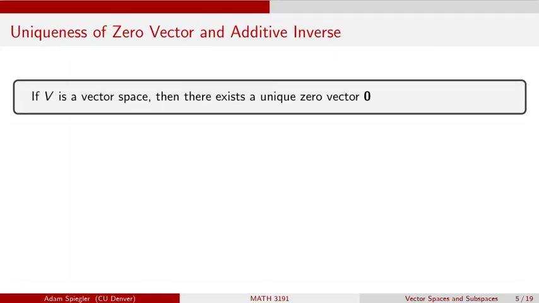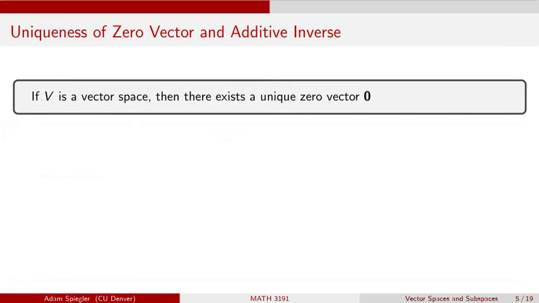Okay, so now let's prove this claim that I was making on the previous slide more generally. So if V is a vector space, this means we have V, we have some addition of objects within V defined, and we have multiplication of objects in V by a scalar as defined operations, and we're going to assume that they satisfy all 10 of those axioms.